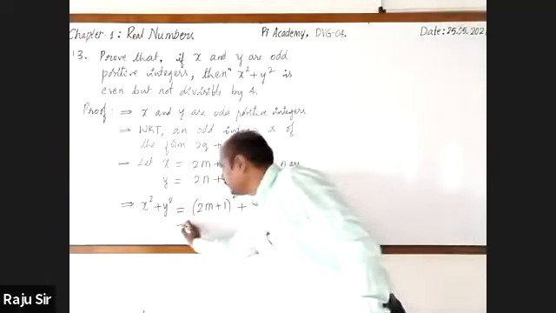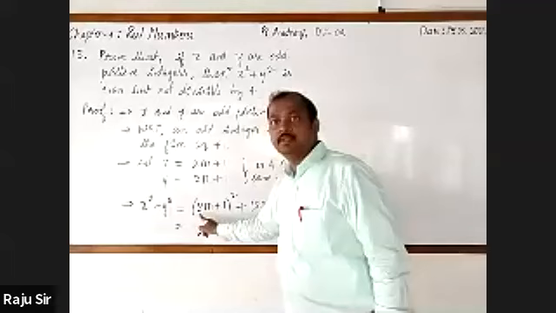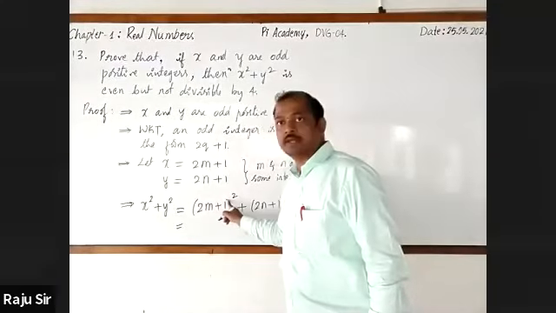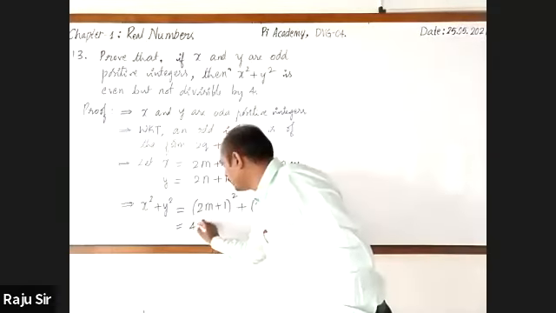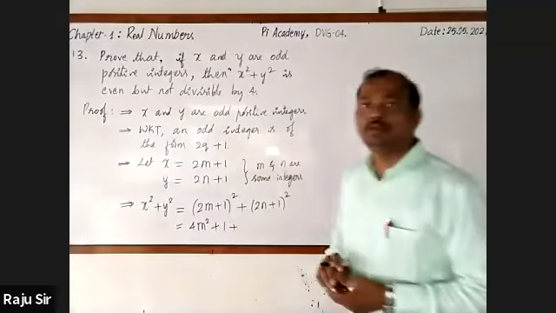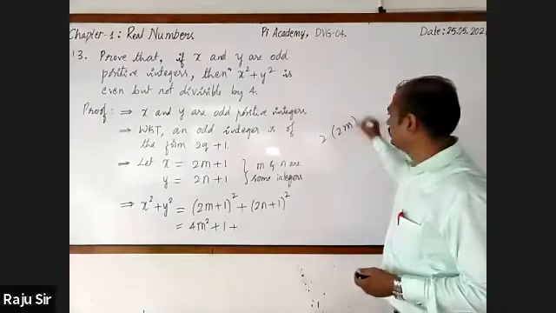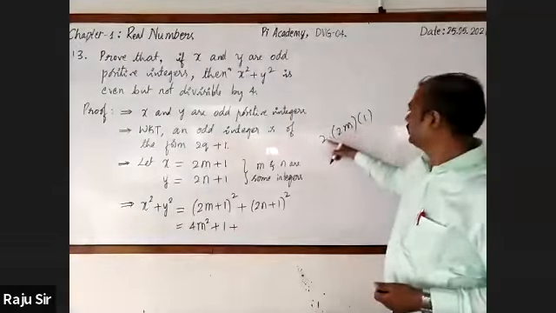Shall I write the value directly? Yes, sir. 2m whole square is 4m square, plus 1 whole square is 1, plus 2ab, 2 into 2m into 1, is 4m.